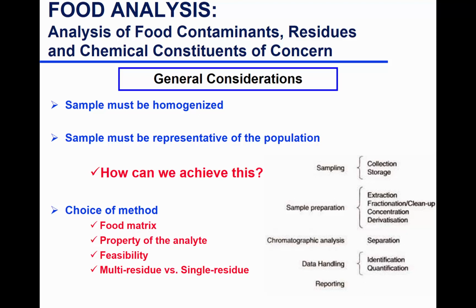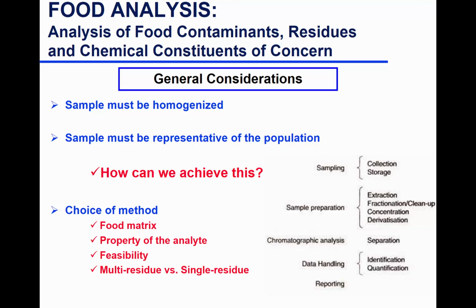Are they volatile? Do we use GC? Are they polar, non-volatile? Probably easier to use HPLC. Based on their properties, can we develop ELISA methods or an immunoassay for them? So basically, choice of the method really depends on what we know about the analyte.